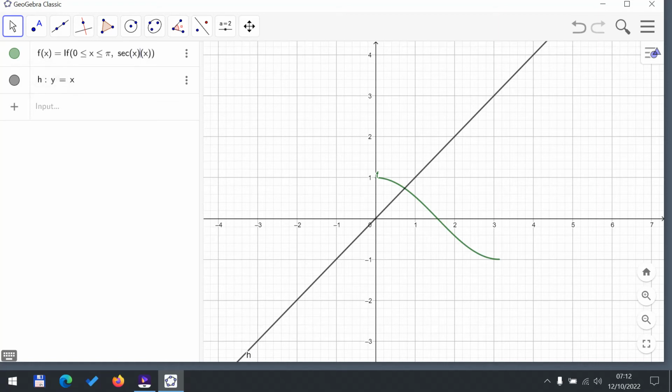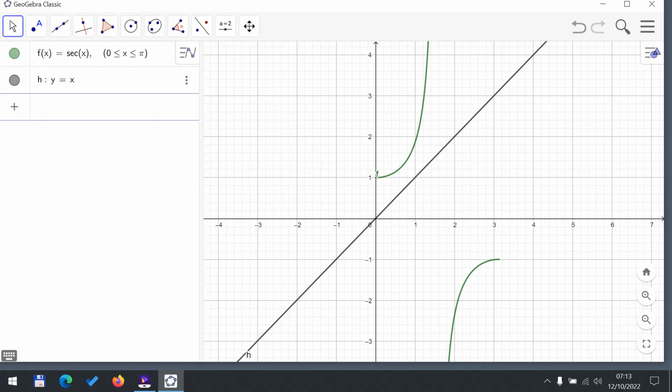This is x and I remove this. Yeah, now this is secant. So I did not change the domain because secant is just the reciprocal of cosine. And now I will try to plot secant inverse.